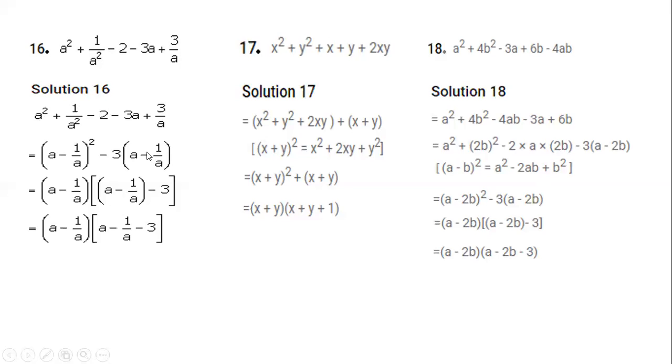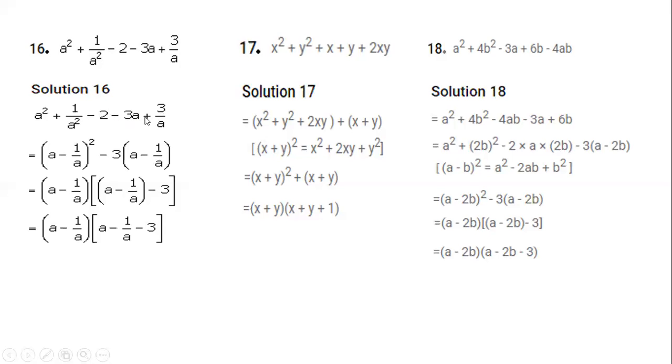So I am going to write these three values in a single bracket, which equals a minus 1 by a whole square. And from the fourth and fifth values, I'm going to take 3 common.